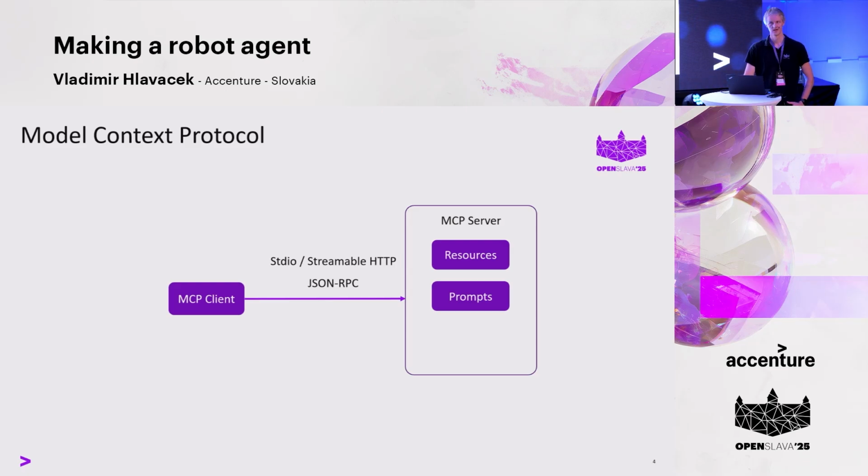This is, I would say, the least used, because most people use prompts directly in the chat, but they can assist, and I will show you maybe an example of how they work. And then you have the tools, and this is the most interesting part, because the tools are actually doing something, right? The tools are what invoke the actions, so I don't know, search Google, invoke bash, or whatever.